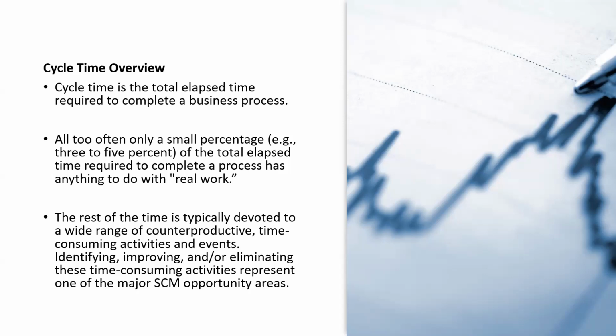All too often, only a small percentage, that is 3 to 5% of the total elapsed time required to complete a process, has anything to do with its real work. It's true. Sometimes it doesn't happen in real time. The rest of the time is typically devoted to a wide range of what? Counterproductive, time-consuming activities and events. Identifying, improving, and eliminating these time-consuming activities presents one of the major supply chain opportunity areas.